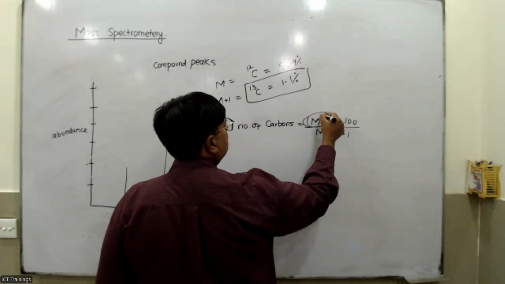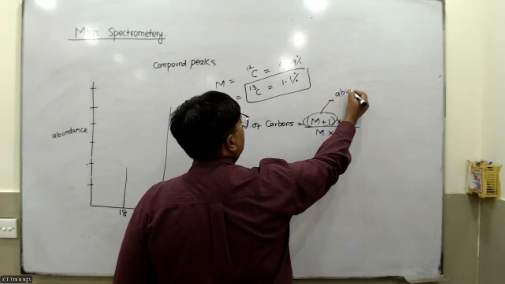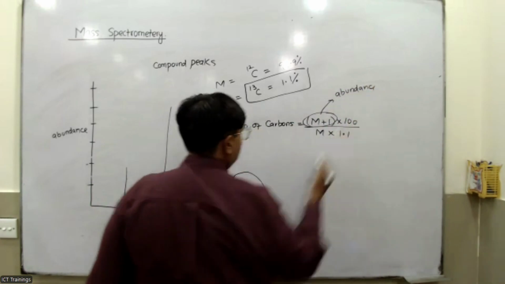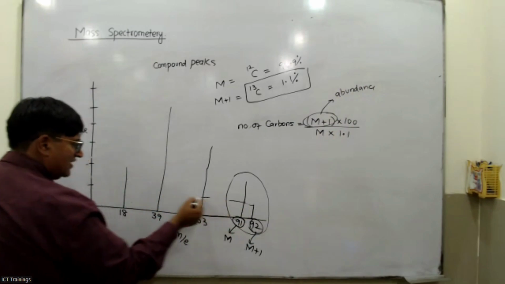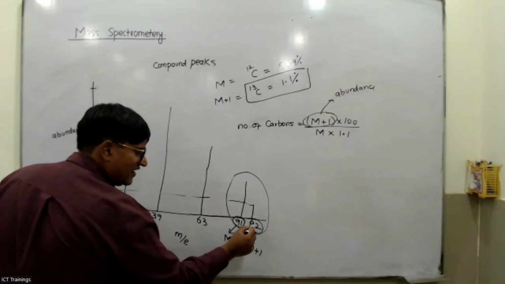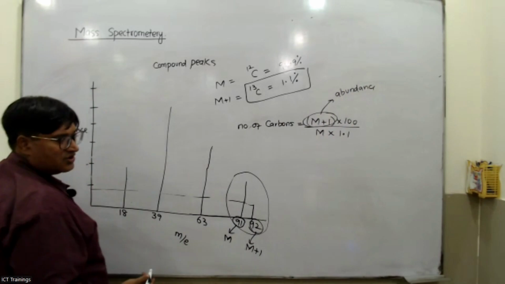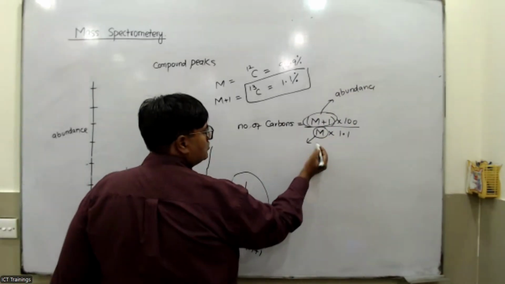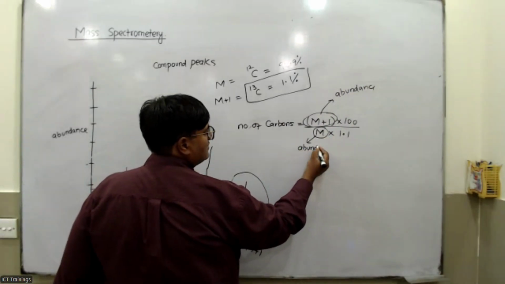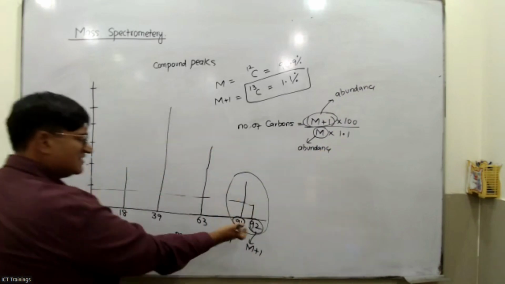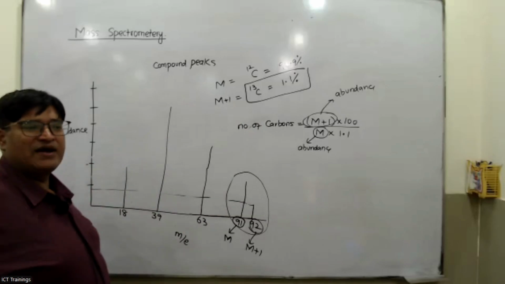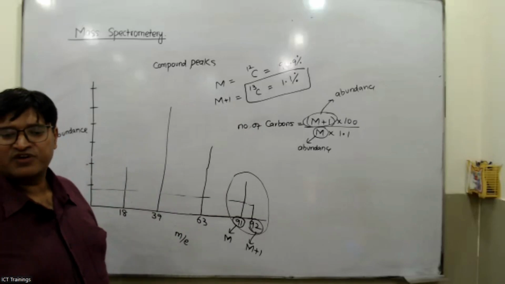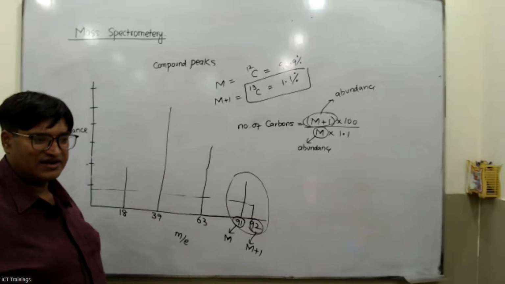This M plus 1 should be the abundance value. What is the value of abundance of this M plus 1? This value you should take. Don't take this value 92 up here. The M is also the abundance along the y-axis. So put the values of the abundances of M and M plus 1 in that formula, and by that you can find out the number of carbons in a compound. Did you get it, guys?